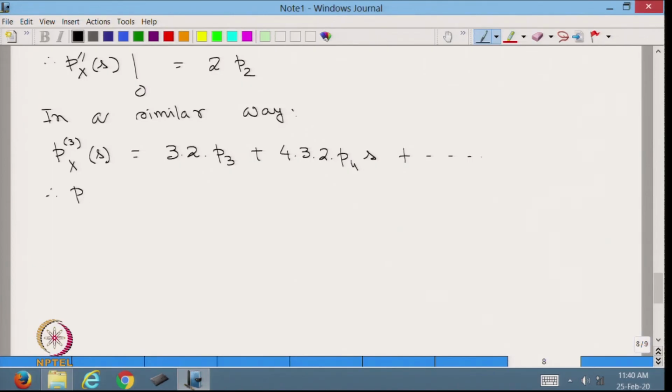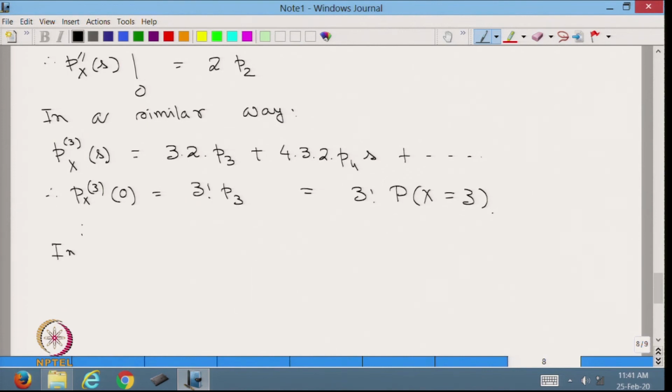So the third derivative at 0 is equal to factorial 3 into P3, which is equal to factorial 3 into probability x is equal to 3.